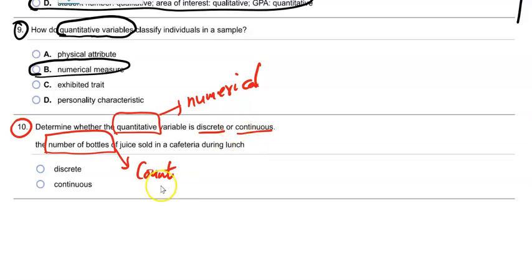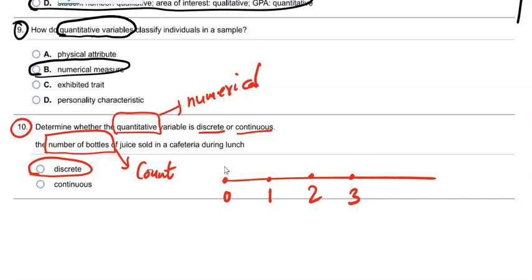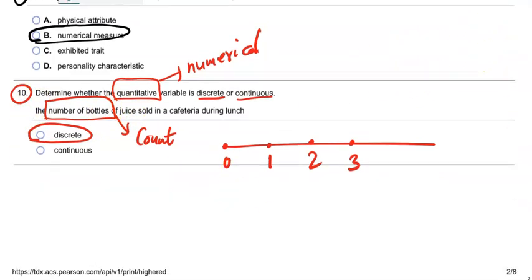It is 1 bottle, 2 bottles, 3 bottles, like that. So this must be discrete. If you count, it must be discrete. A discrete variable looks like 0, 1, 2, 3, like that. But if values are possible between 0 and 1 or 1 and 2 and so on, the variable is called a continuous variable. Maybe we have another example, but this is a discrete variable.